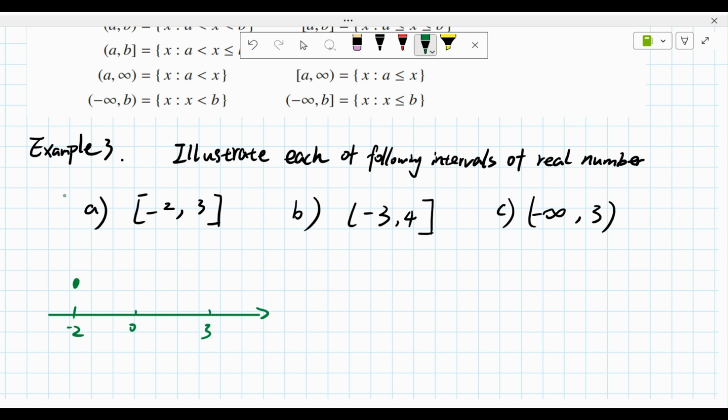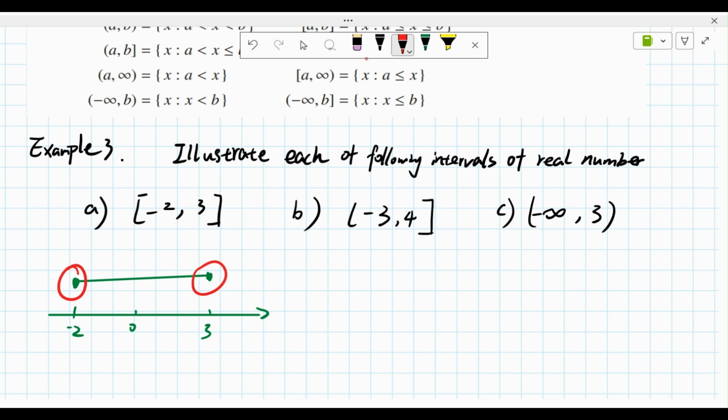You start from the dot to the dot, so that means you can be equal to it, okay? Make sure it's a dot point, a closed circle, we say.